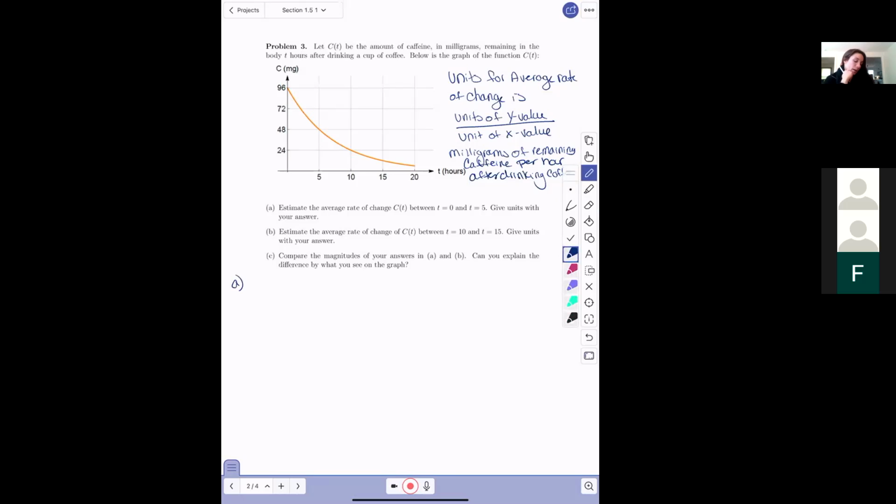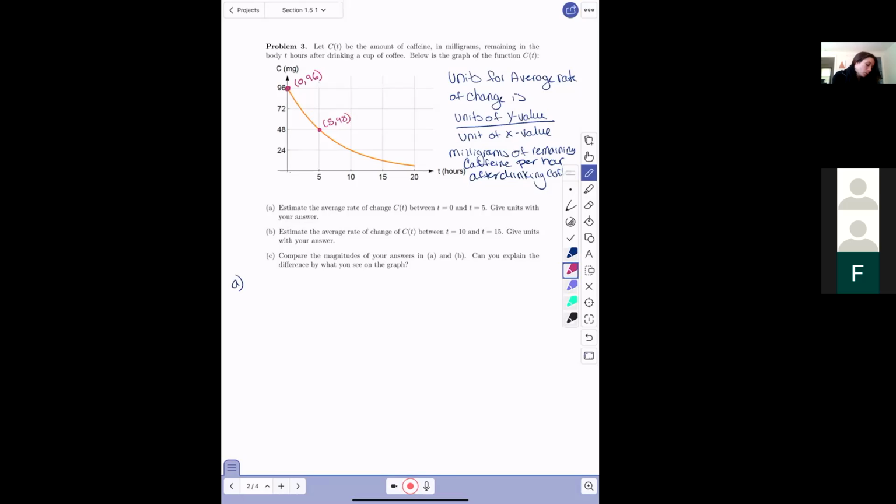Question A, estimate the average rate of change between t equals 0 and t equals 5. Give units with your answers. So t equals 0 is here, obviously. And this is my point where t equals 0. So we're at 0, 96. And then t equals 5, we're at 5, 48.